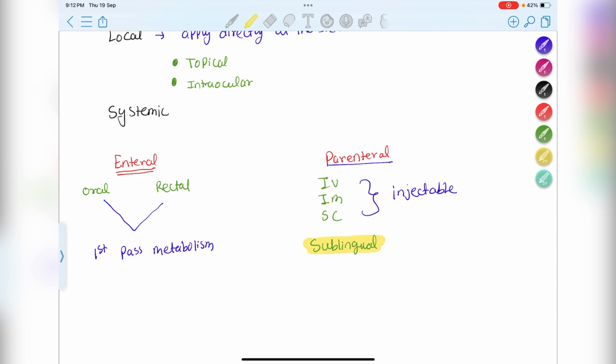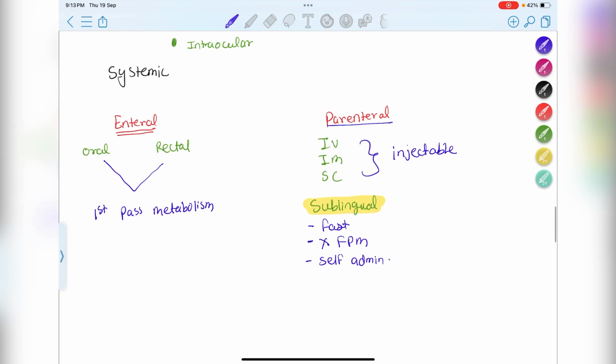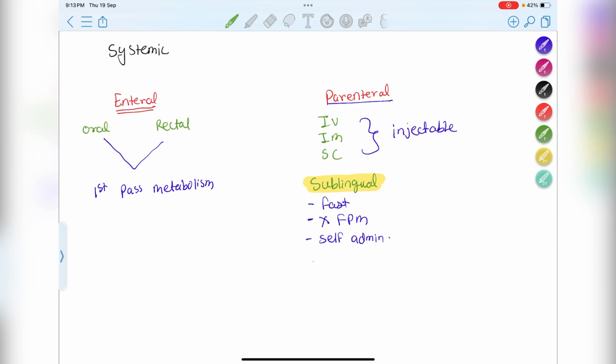What is the benefit of it? If you give a drug sublingually, it will act very fast. It will skip first pass metabolism. And one more thing, self-administration of the drug is possible, no doctor is needed for that. Another is intranasal.